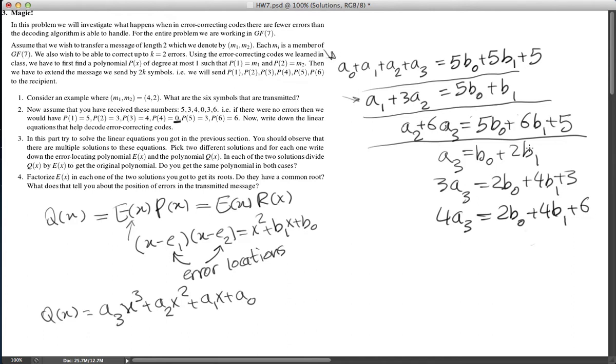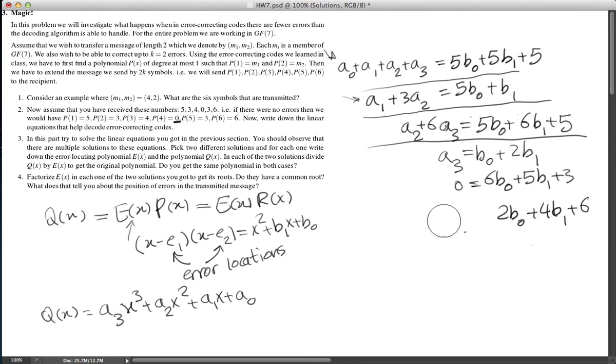Now we have to subtract 3 times this equation from the fifth equation and 4 times it from the last equation. If we do that, we're going to get, of course, 0 on this side equals, on the other side, 6 times b0 plus 5 times b1 plus 3.